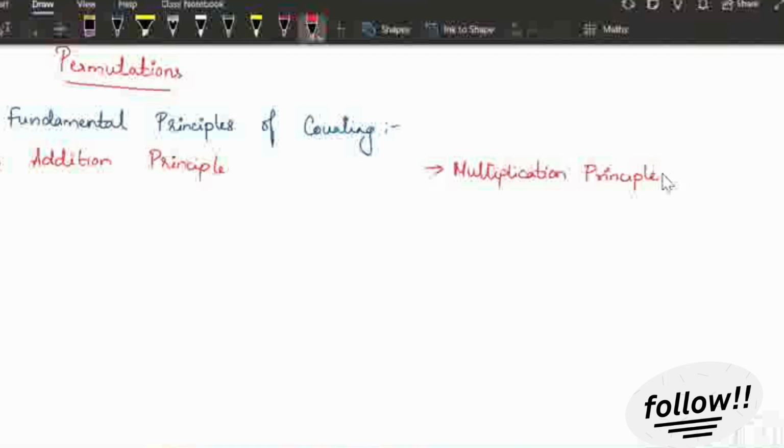And what you have to do with those intermediate answers, do you have to add them or multiply them? That basic understanding comes through our addition principle and multiplication principle.